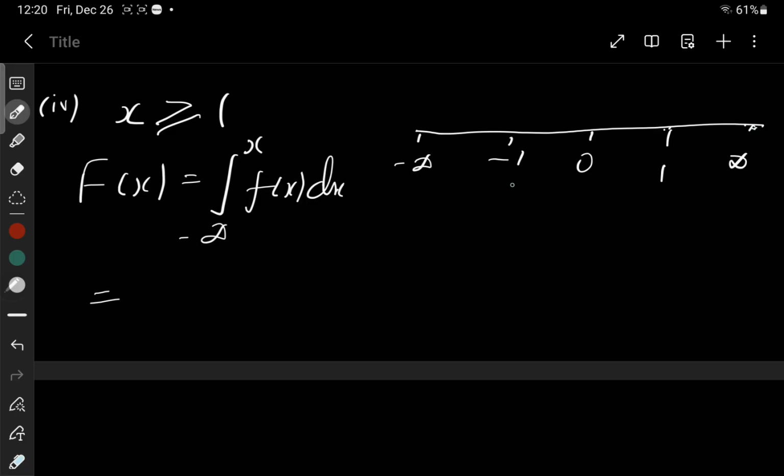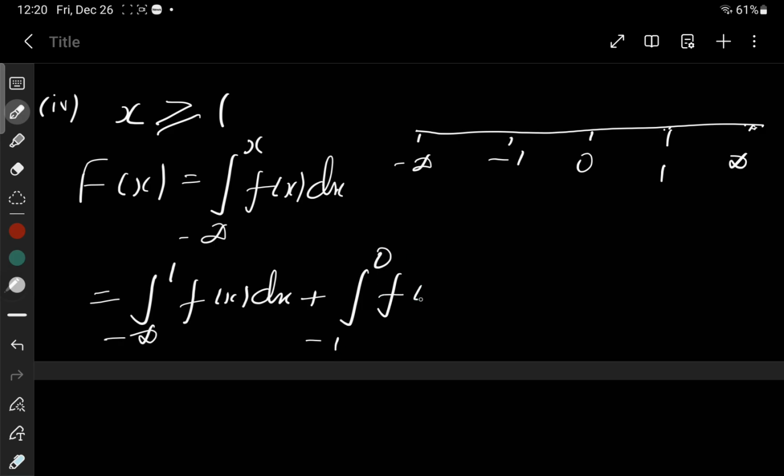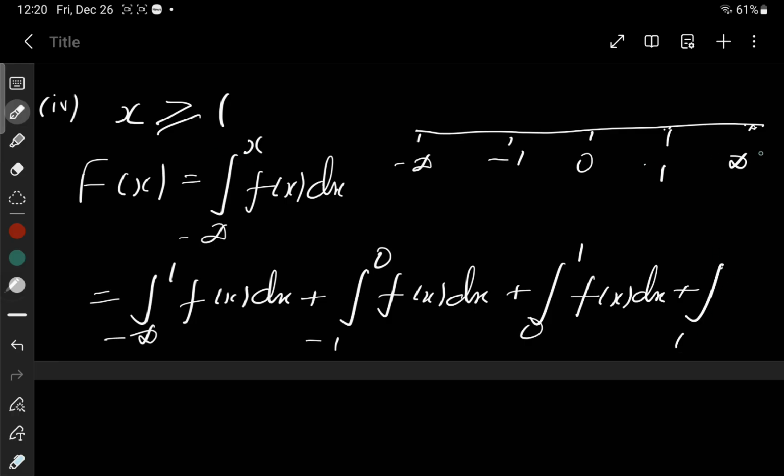So we split the interval as minus infinity to minus 1 f of x dx, plus minus 1 to 0 f of x dx, plus 0 to 1 f of x dx, plus, for x greater than 1, 1 to infinity f of x dx.